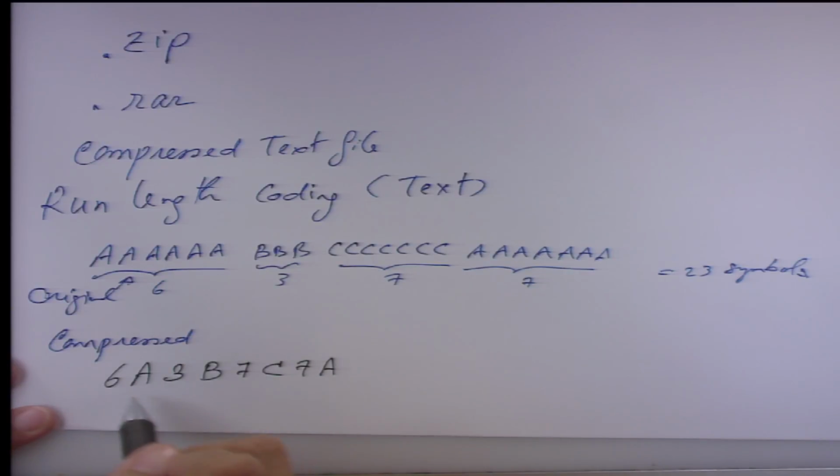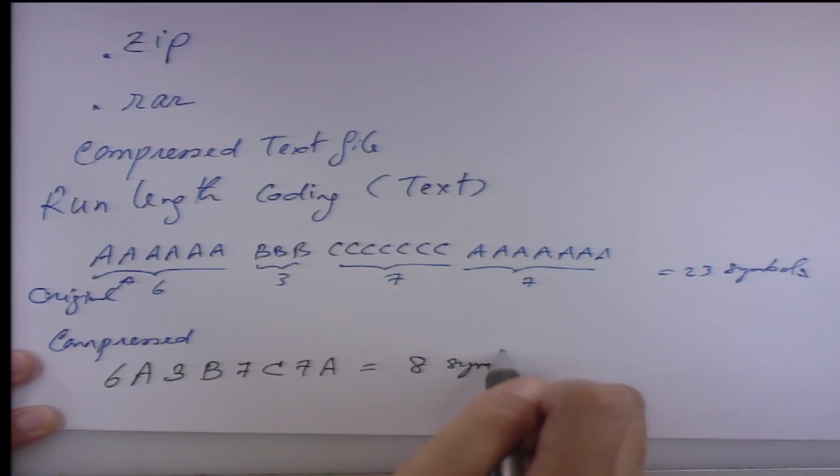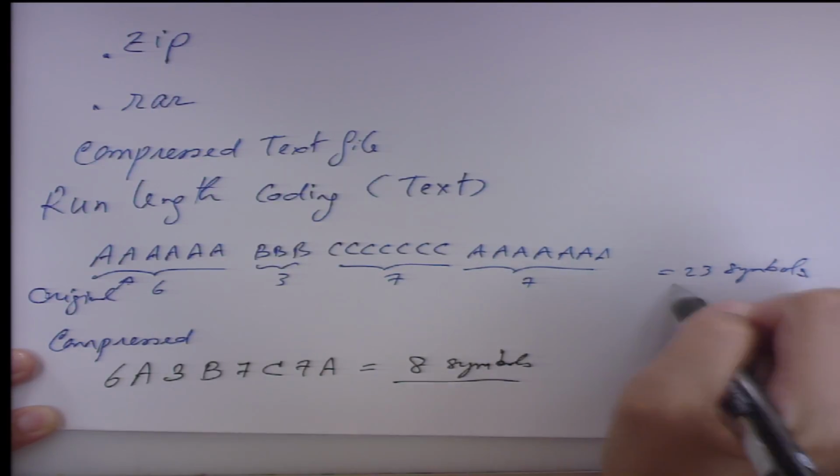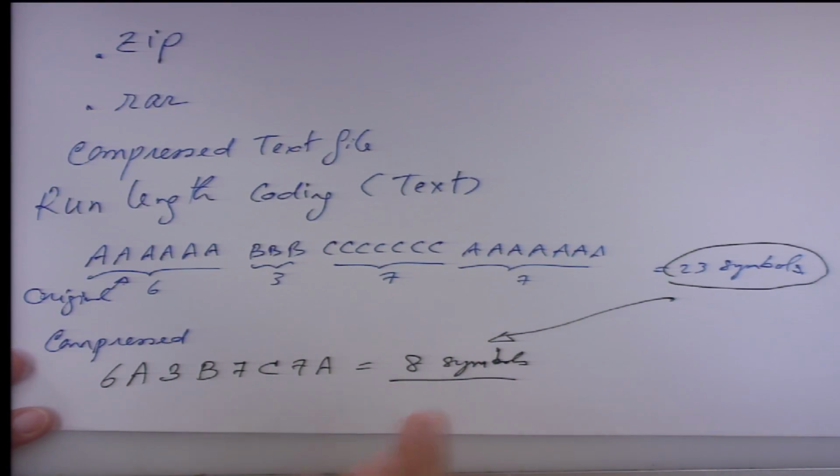So how many symbols are you using? 1, 2, 3, 4, 5, 6, 7, 8. So 8 symbols. You compress from 23 symbols to 8 symbols.